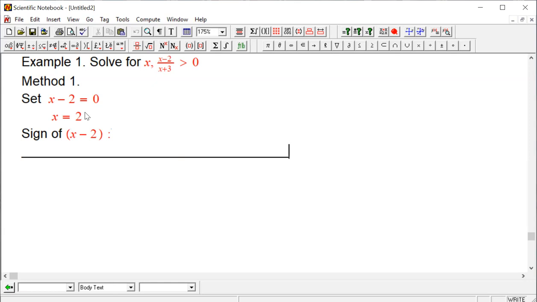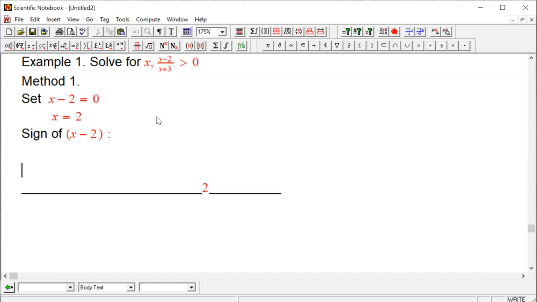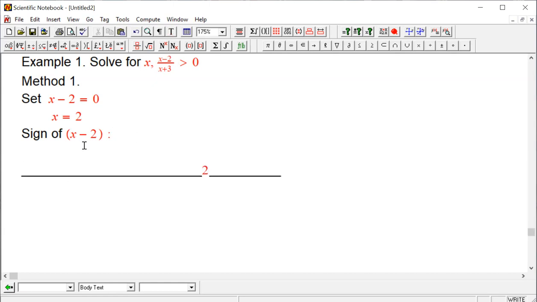This should look familiar to you. If we plug in x as a number smaller than 2, we get a negative number, so we get a bunch of negatives. At 2 it is 0, and larger than 2 it is positive. So this is familiar to you.